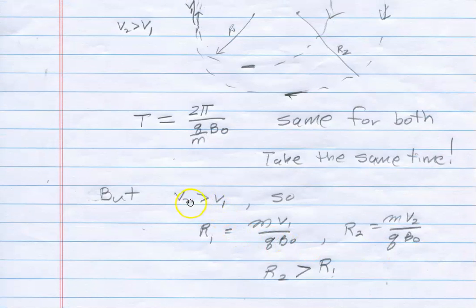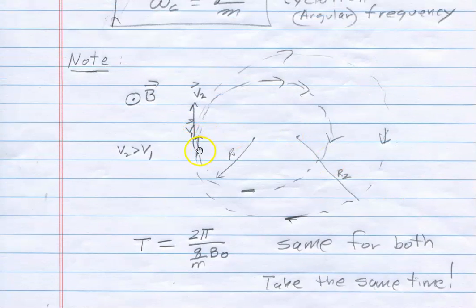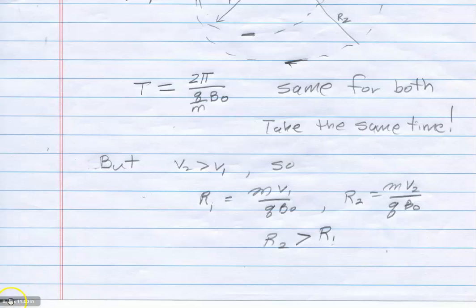The only thing that's different is v2 is bigger than v1, and so the radius is bigger. It goes just fast enough so that it goes through this bigger radius, it travels a further distance, but it travels it in exactly the same time as the lower velocity particle does because that one travels a lesser distance through this radius r1. Kind of a surprising result when looked at in a certain way anyway.